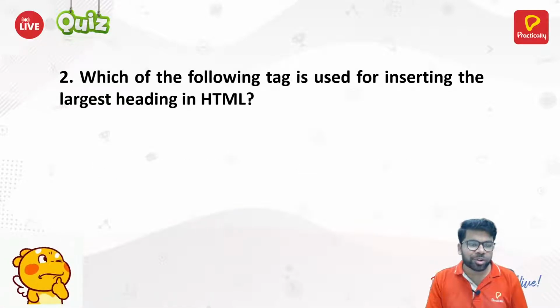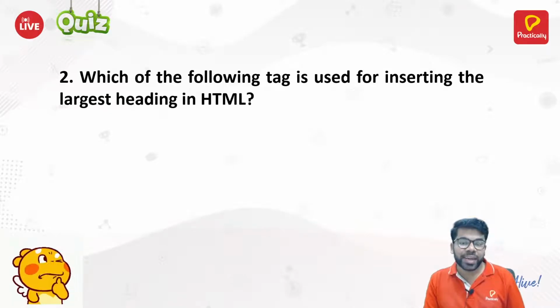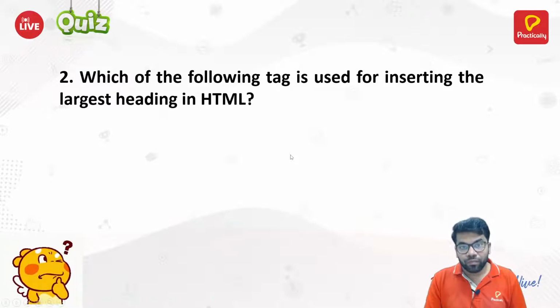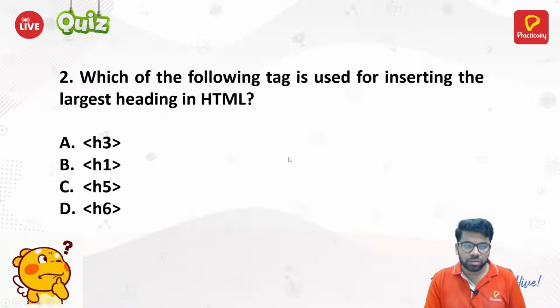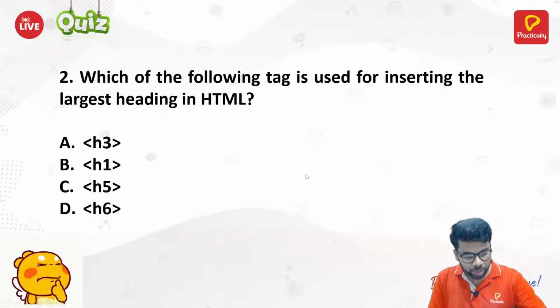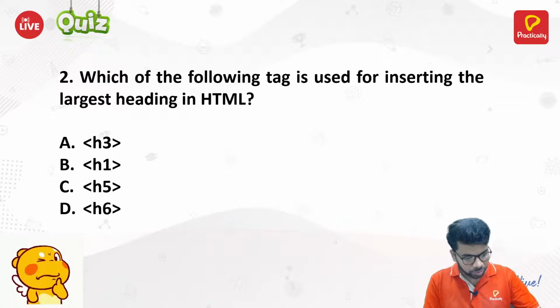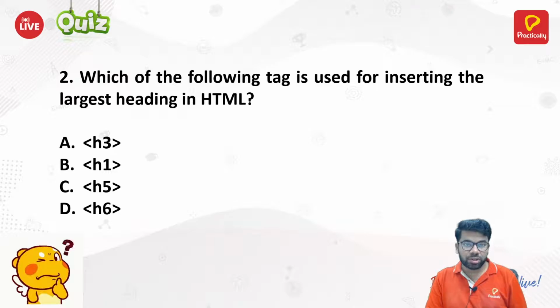Now the next question is: which of the following tags is used for inserting the largest heading in HTML? There are 6 levels of heading, H1 to H6. The options are H3, H1, H5, H6. If you know the answer, you can comment in the chat box.